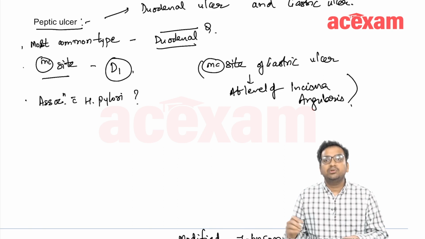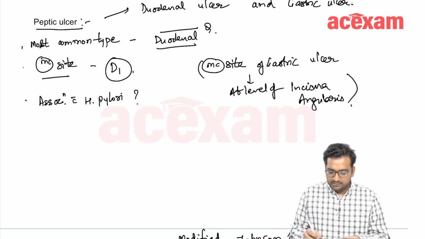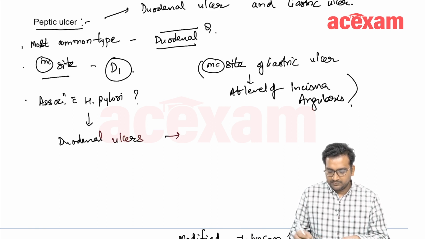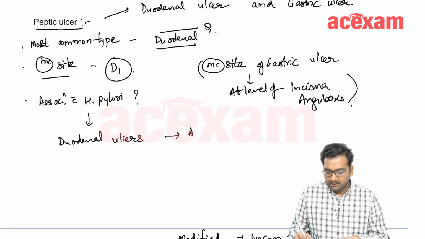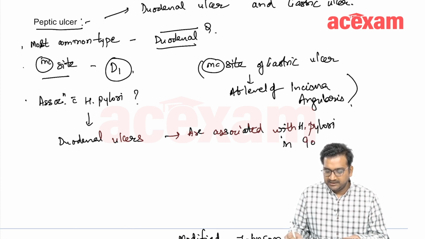Okay, now they both are associated with H. pylori. Okay, but duodenal ulcers are associated with H. pylori in 90% cases.